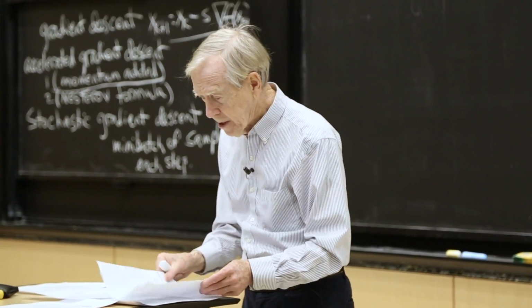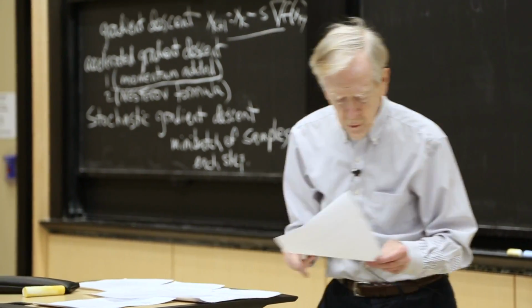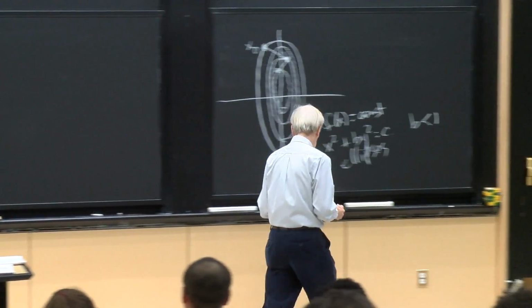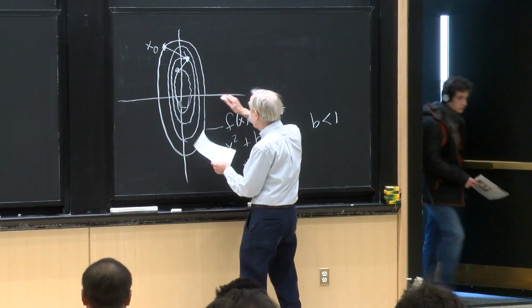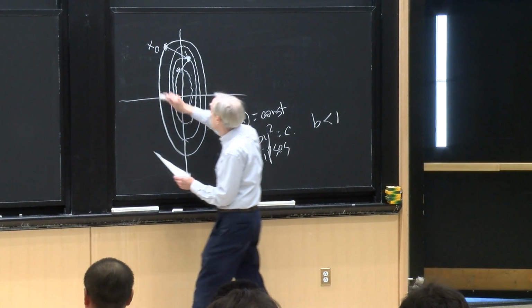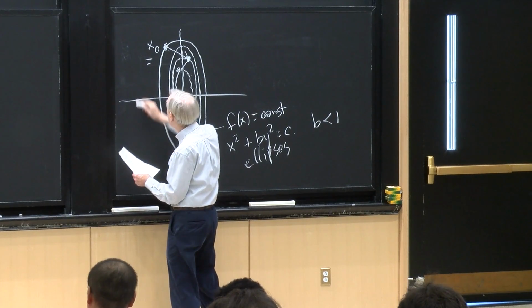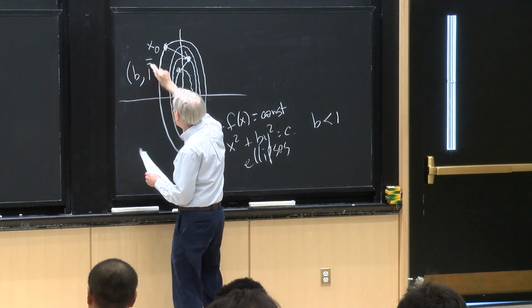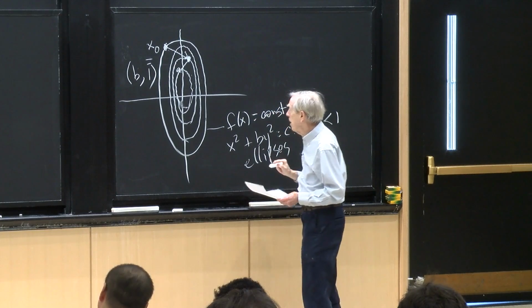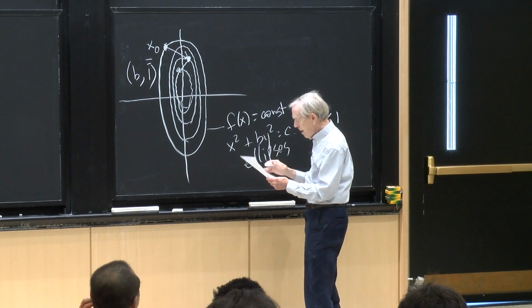The formula has those powers of b, of the magic number. So we start at the point b1 and follow this path.